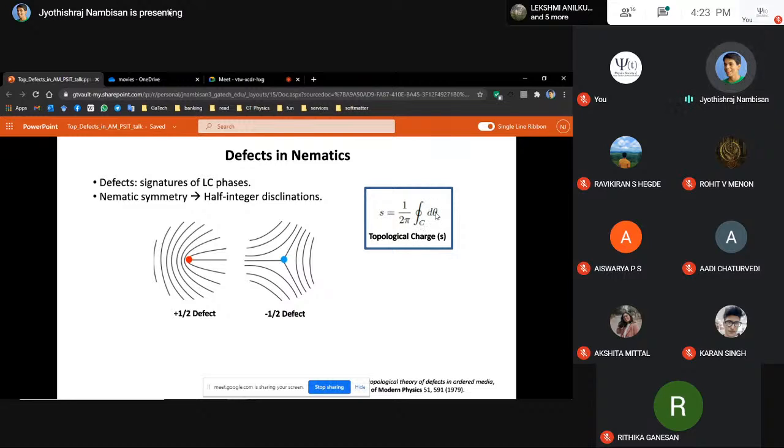So here the d theta is your infinitesimal change in the orientation angle across the field. As you go around a point in a closed contour specified by C, you calculate how much the total angle changes, and that quantified parameter is what is known as a topological charge. So in the case of head-tail symmetric particles, we have half integer disclinations or half integer defects.